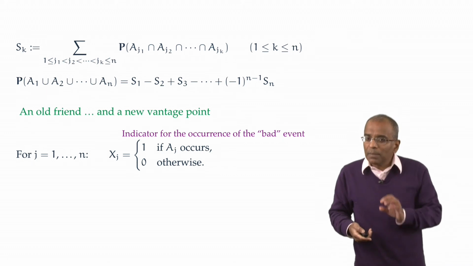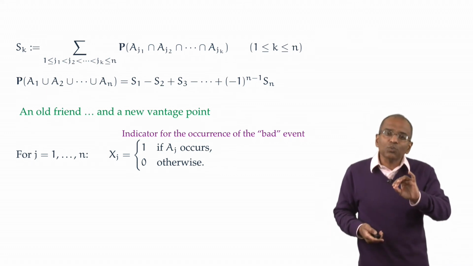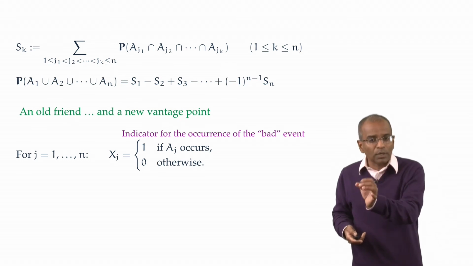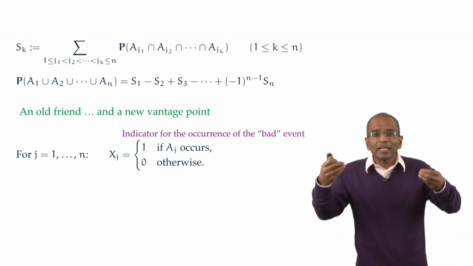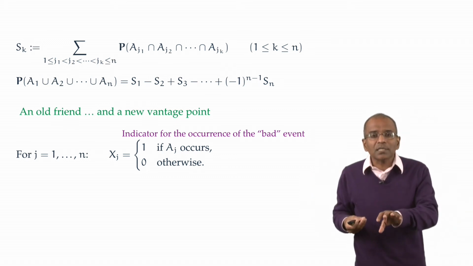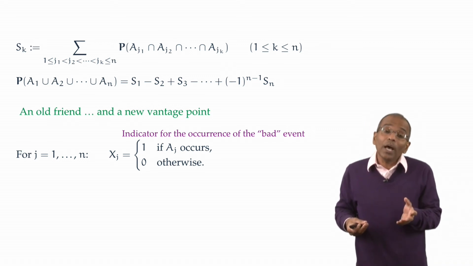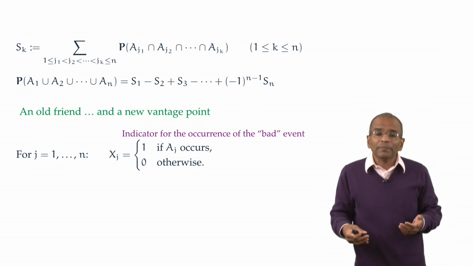Now, what's complicating matters here is that as you let j run through the indices 1 through n, the values x1, x2, x3 through xn, the indicators for whether the bad events 1 through n occurred, are not necessarily independent. If they were, we'd have the familiar setting of repeated tosses of a coin.